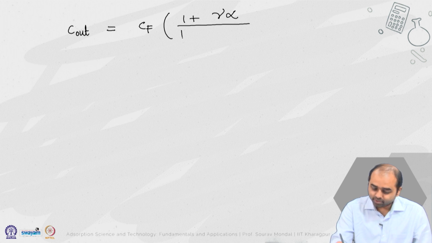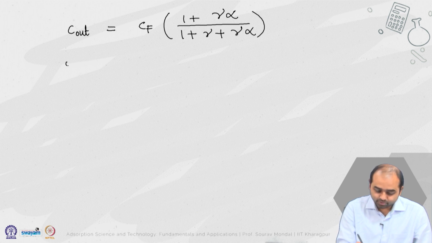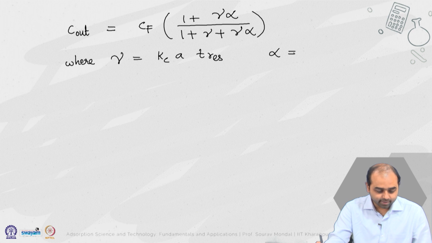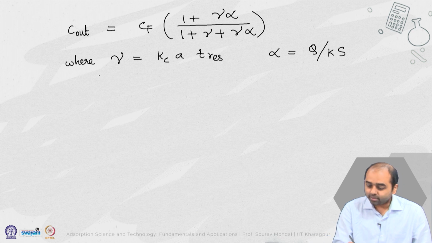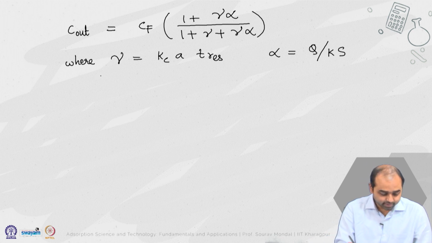I will define what we mean by gamma and alpha. Gamma is Kc A into the residence time, and alpha is Q by K S, where S is of course the mass of the adsorbent.